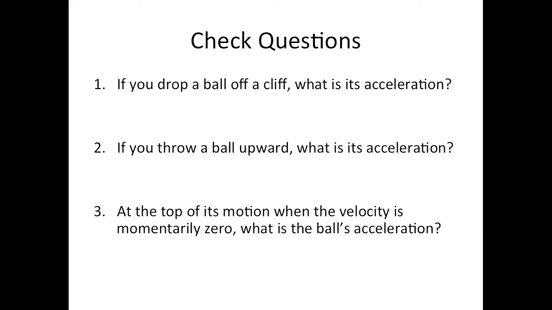So don't think that just because something stopped, it can't be accelerating. It's just its instantaneous velocity of zero. It was slowing down, and it's in between slowing down and speeding up, so it does have to hit a point of zero somewhere in there. So for all 3 of these check questions, the answer is 9.8 meters per second squared downward.